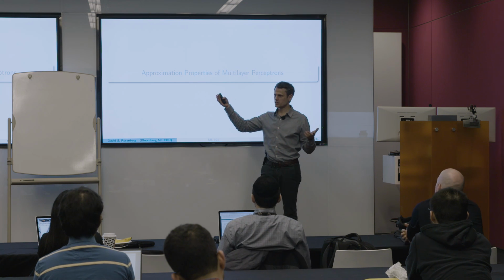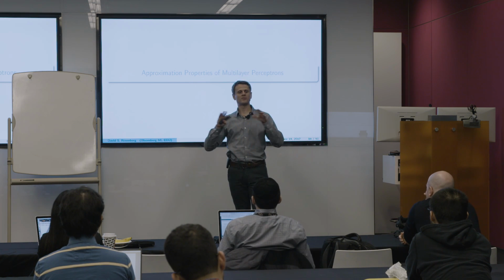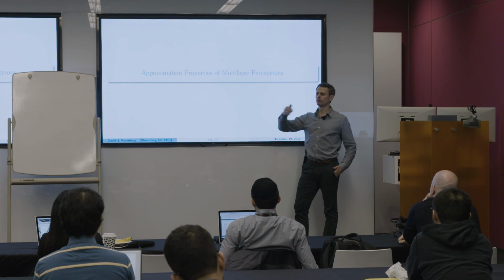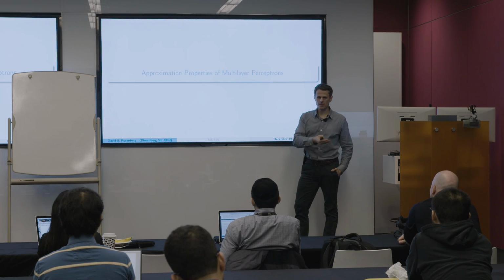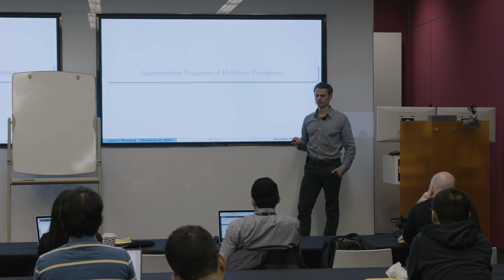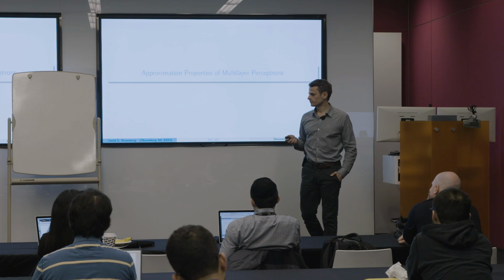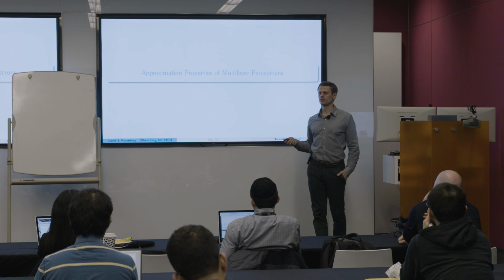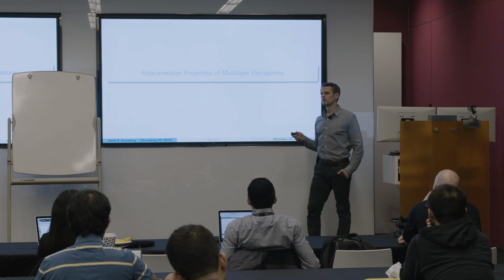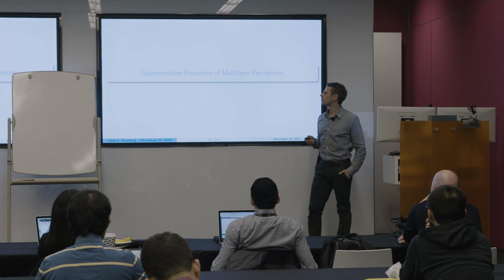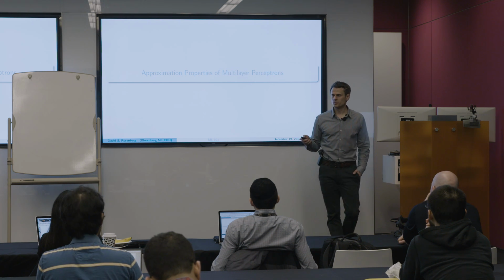The true Bayes prediction function is too complicated, and our hypothesis space is too simple, and we're going to have some gap in performance because of our hypothesis space not being expressive enough. But it turns out we can make a neural network arbitrarily expressive in a certain sense. So approximation error should not be a limitation for neural networks. We'll give a theorem related to that. But first, let's look at some illustrations.